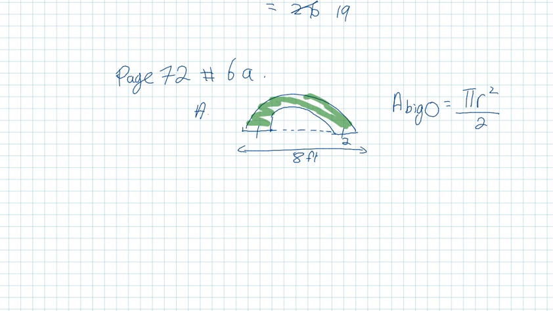So that line initially represents the diameter at all times. The diameter is always the line that goes from one end to the other end, and it typically cuts the circle in half. If you draw a circle, anywhere it goes through the origin, it has to go through the origin of the circle.